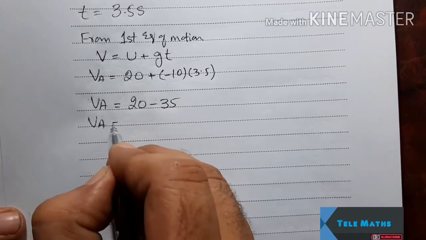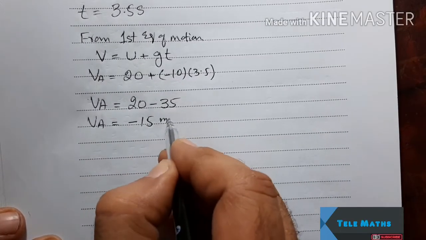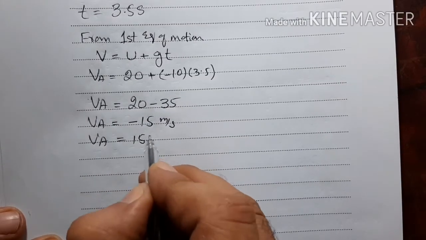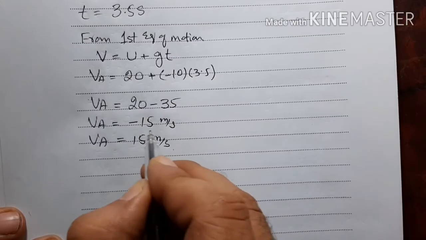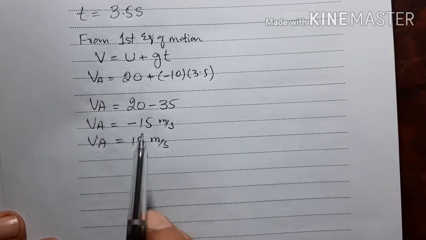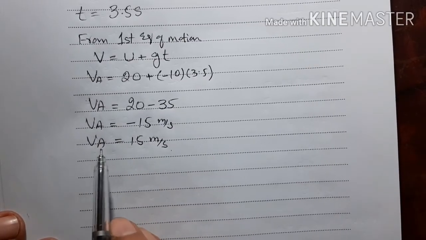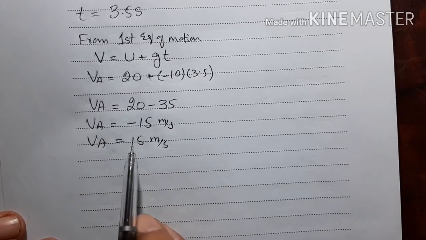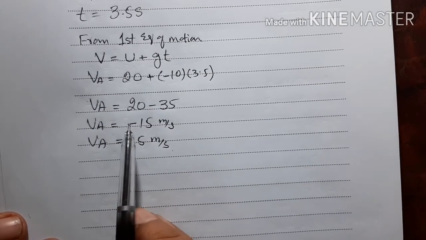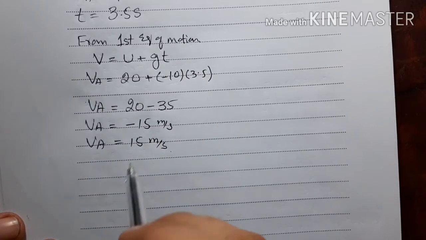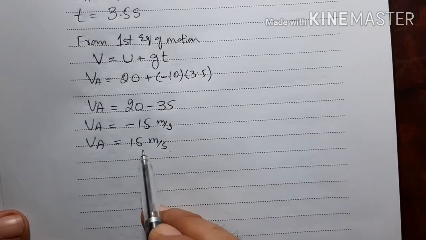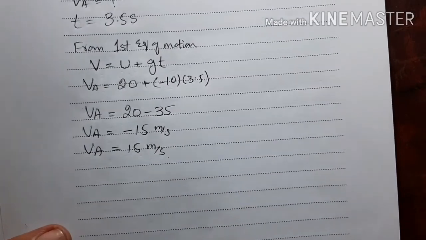So VA is minus 15 meters per second, or VA is equal to 15 meters per second. Because this negative sign is showing that the body is moving upwards against the gravity. So we just need to keep in mind the magnitude of the velocity. This negative is just telling us the direction of the body, so we need only the magnitude. So velocity of particle A is 15 meters per second just before the collision.